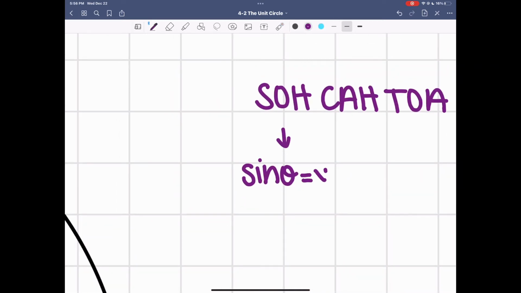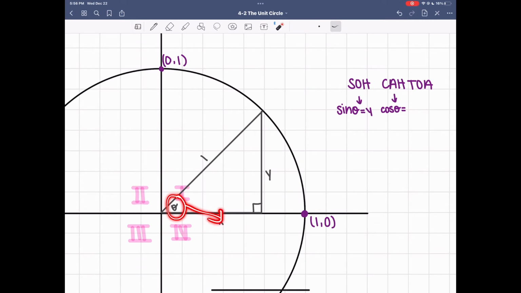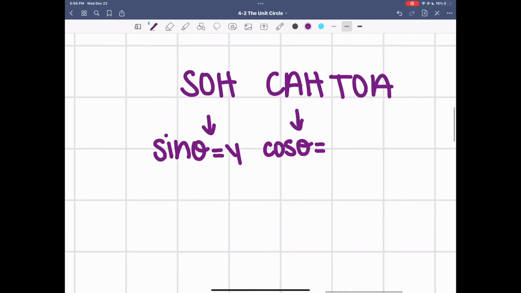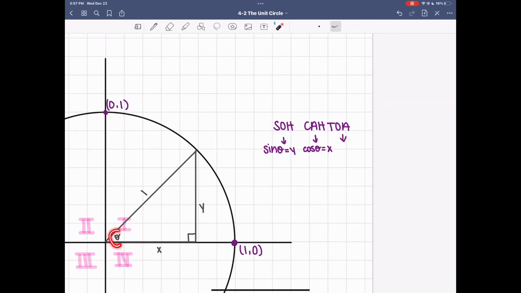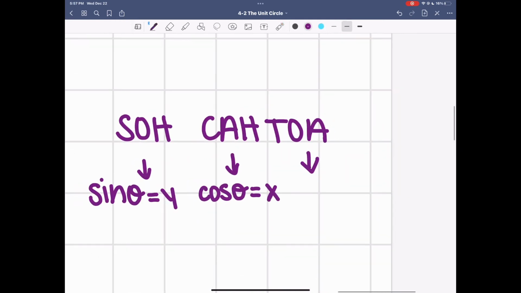And then cosine of theta is going to equal adjacent over hypotenuse, which is x over 1, equaling x. And tan of theta is going to equal opposite over adjacent, which will be y over x.